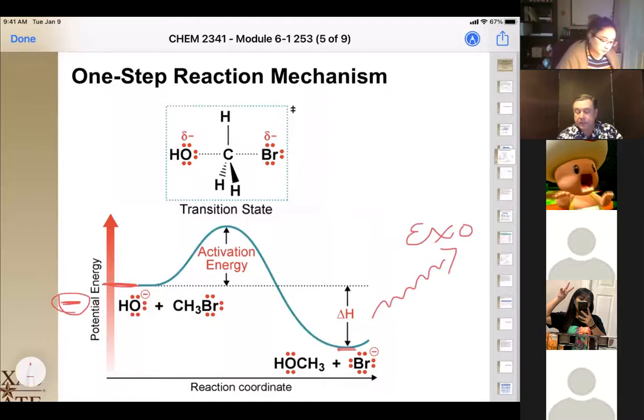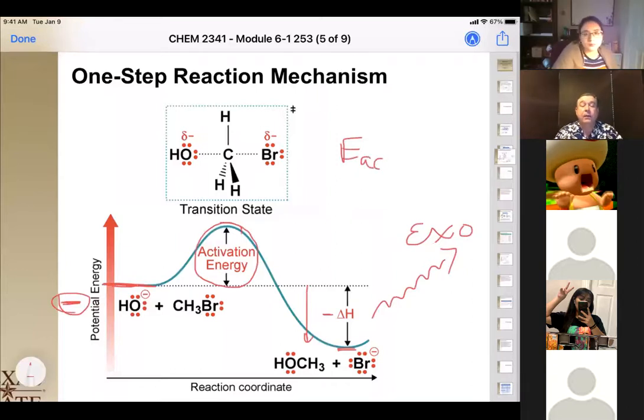This number is negative because it is below the starting materials. So we know just from looking at the diagram that we have an exothermic reaction, and it's probably going to go spontaneously. But it has to have a little bit of energy to make it go, and that's our activation energy, occasionally called AE or AEC.